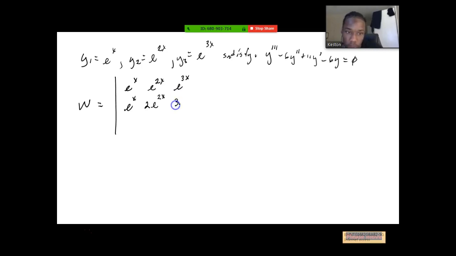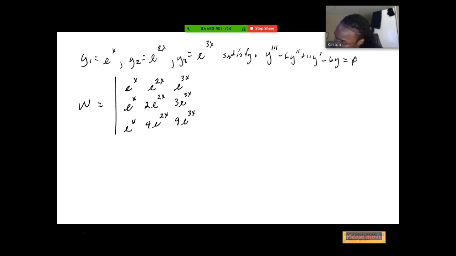The third row will be the second derivatives: e to the x, 4e to the 2x, and 9e to the 3x.